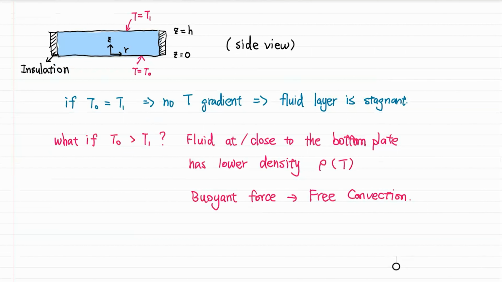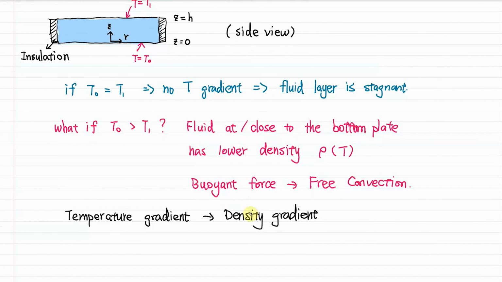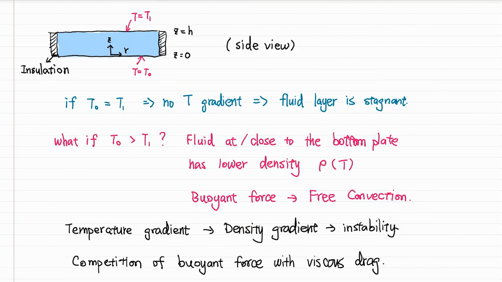Okay, so we want to analyze this type of system. Basically, it's a problem about analyzing how temperature gradient affects your density gradient, and that would cause instability of the system. Also, it's an analysis looking at the competition between buoyant force and viscous drag.